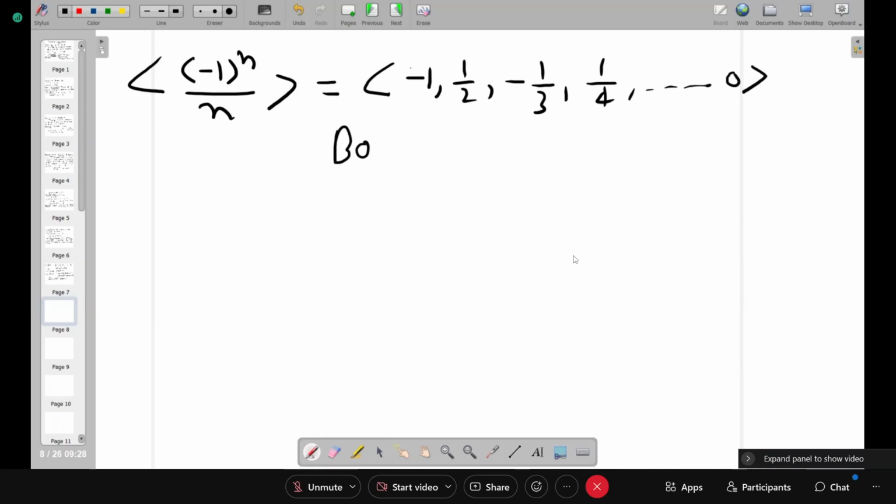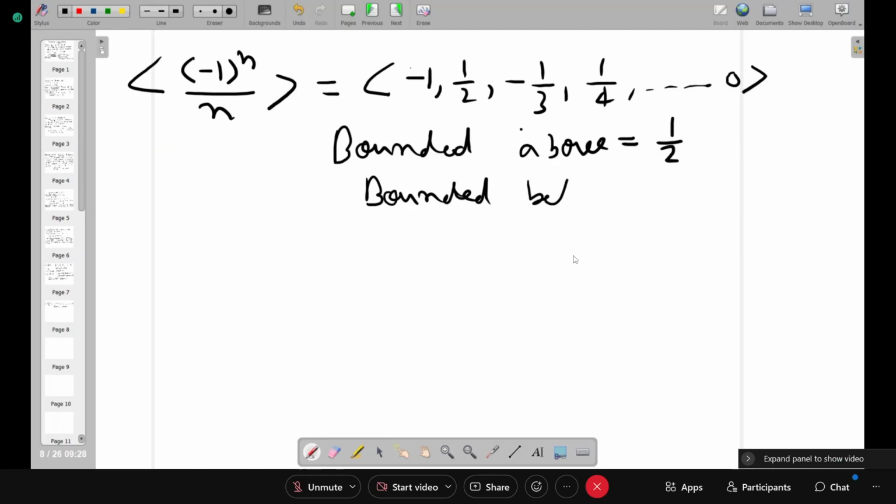Here, the bounded above element is 1/2, which means all the terms are less than or equal to 1/2. So this is the bounded above element, and the bounded below element is -1. So this is a bounded sequence.